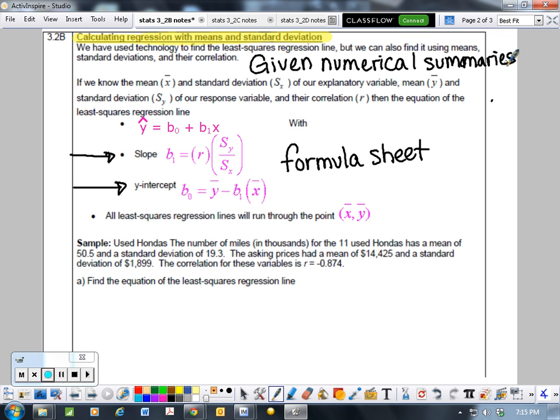And so here's our regression equation: y hat equals our intercept plus our slope times x. We can calculate slope by taking our r, or our correlation, and multiplying it by the standard deviation of y over the standard deviation of x. And Sx is our standard deviation of x.